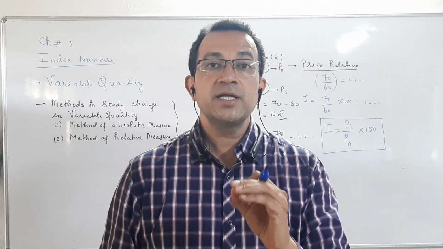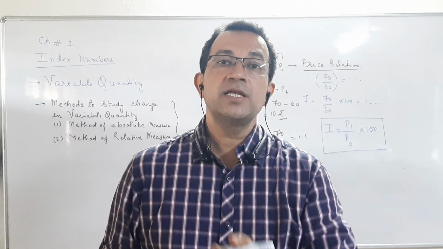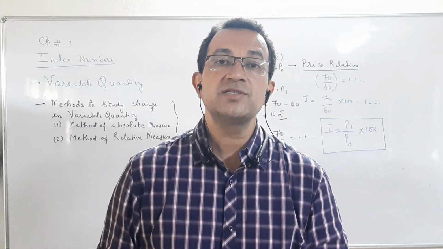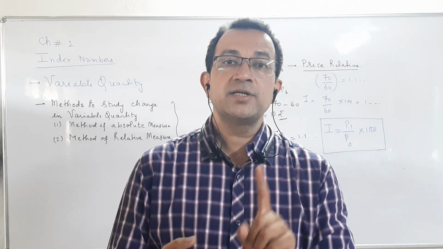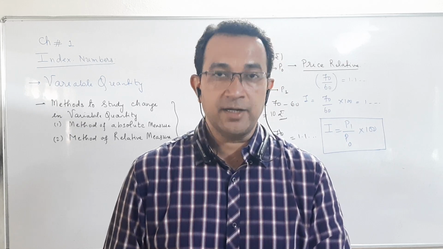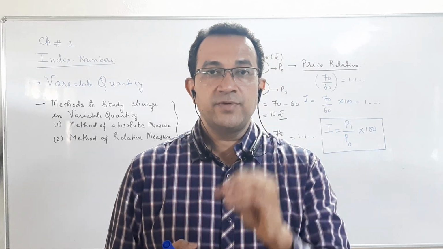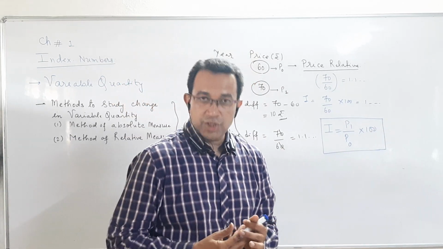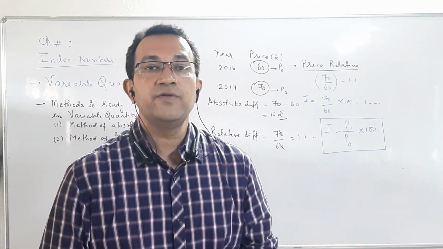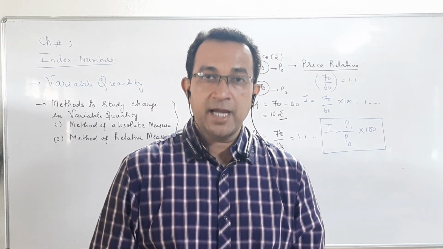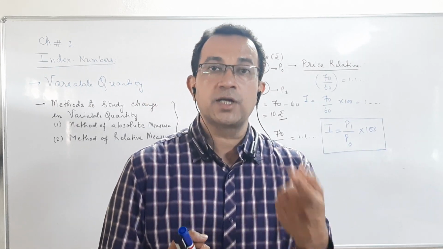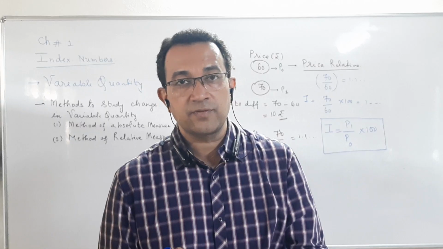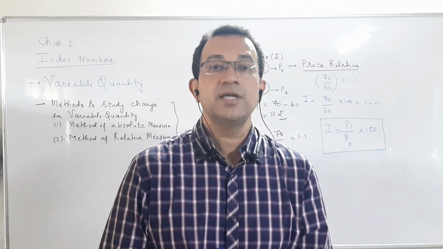So the given period is 17 and I am comparing the price with a fixed period which is 16. So percentage relative change, meaning multiplied by 100, in the value of a variable quantity associated with an item for a given period of time compared to its value in a fixed period of time is called an index number.